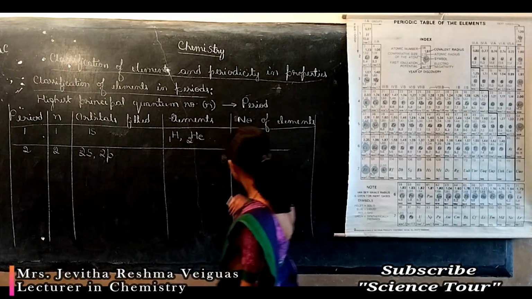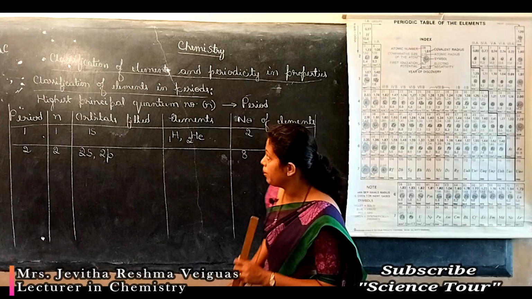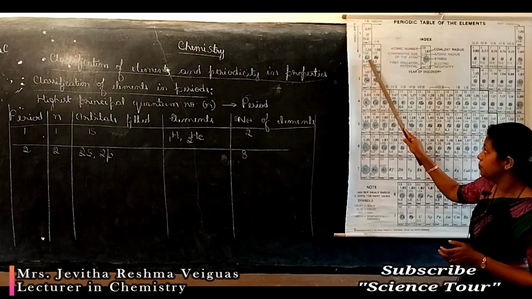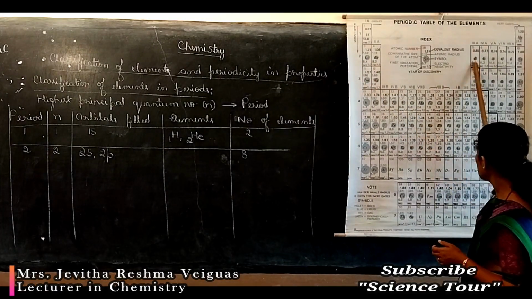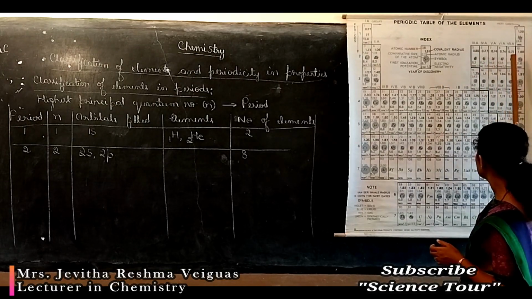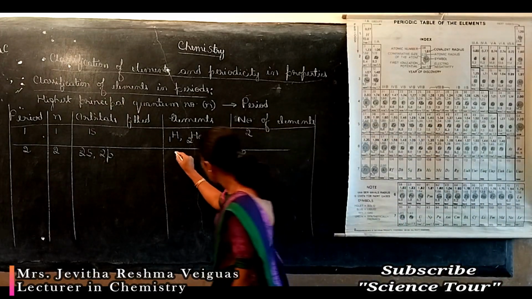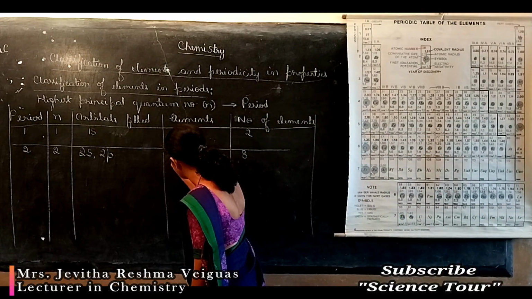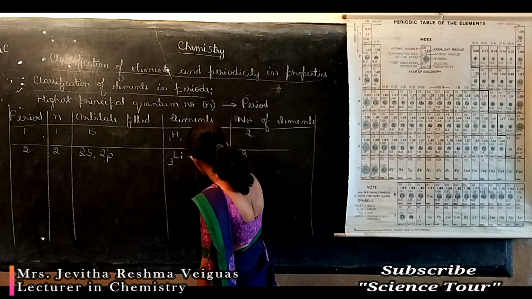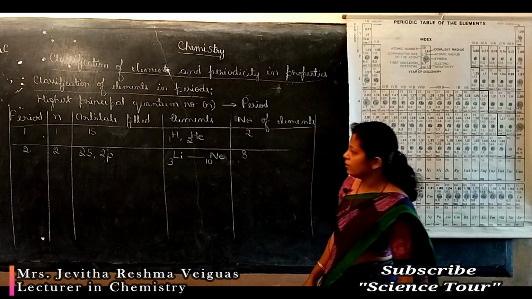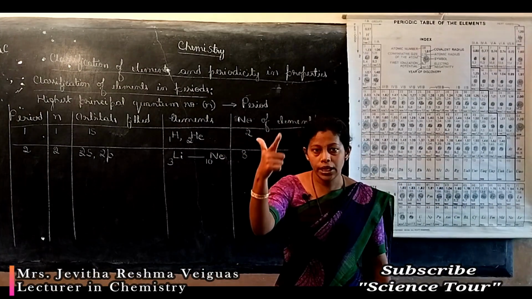That's why the second period contains 8 elements. Which are the 8 elements? It starts from lithium, atomic number 3, then beryllium, boron, carbon, nitrogen, oxygen, fluorine, neon. So it starts with atomic number 3, element is lithium, and ends with neon, whose atomic number is 10.